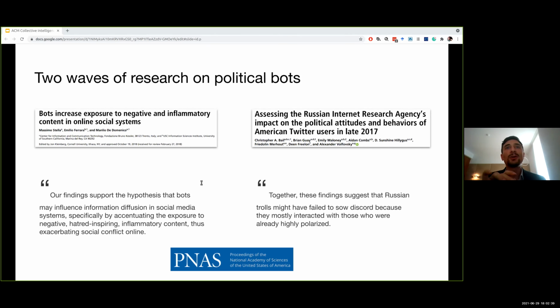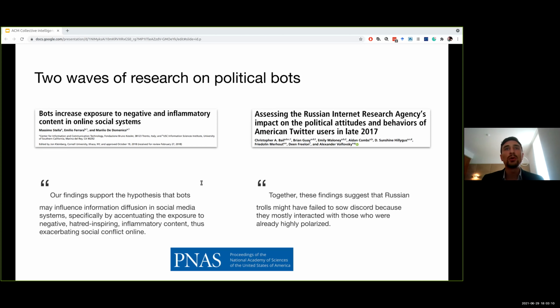And the second wave is represented by papers like the one on the right, and offers a more hopeful view, if you want. This is work by Christopher Bail and colleagues, who measured people's attitudes also after the 2016 presidential elections, and noticed that the attitudes of people who interacted with the Russian bots, in this case, had remained relatively unchanged.